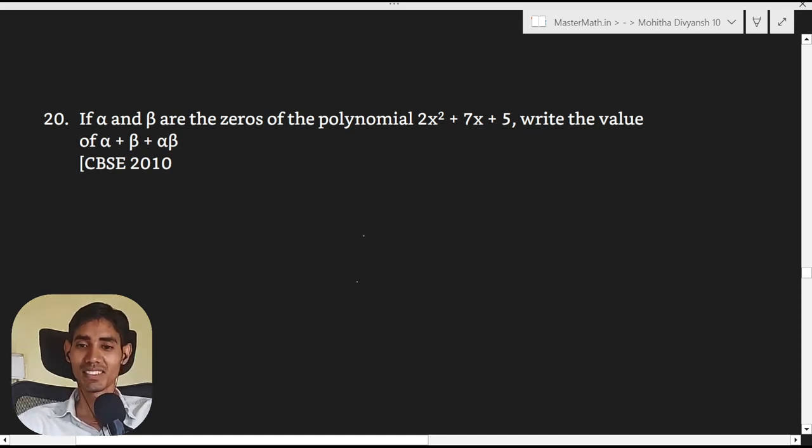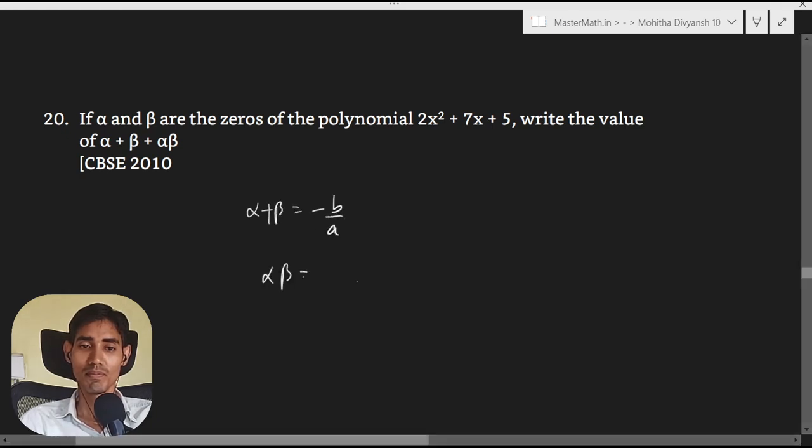This is also like how we did, because they are the zeros. Alpha plus beta is equal to minus b by a, and alpha into beta is equal to c by a.